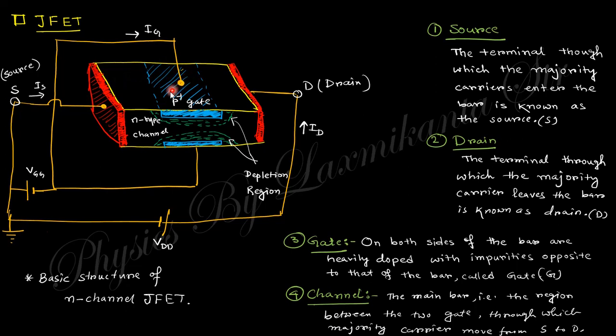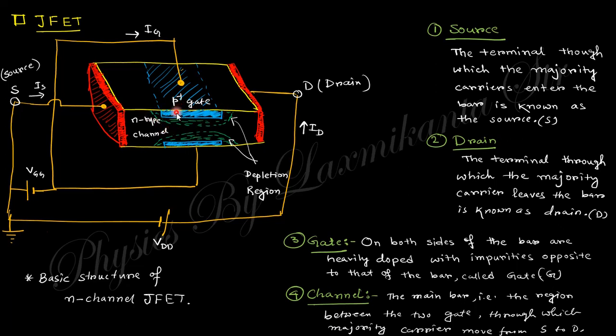So when these are connected like that, you can see this p plus is connected to the negative side and the n side is connected to the positive side, so this is in reverse bias. Okay, so you know in reverse bias the depletion region increases.